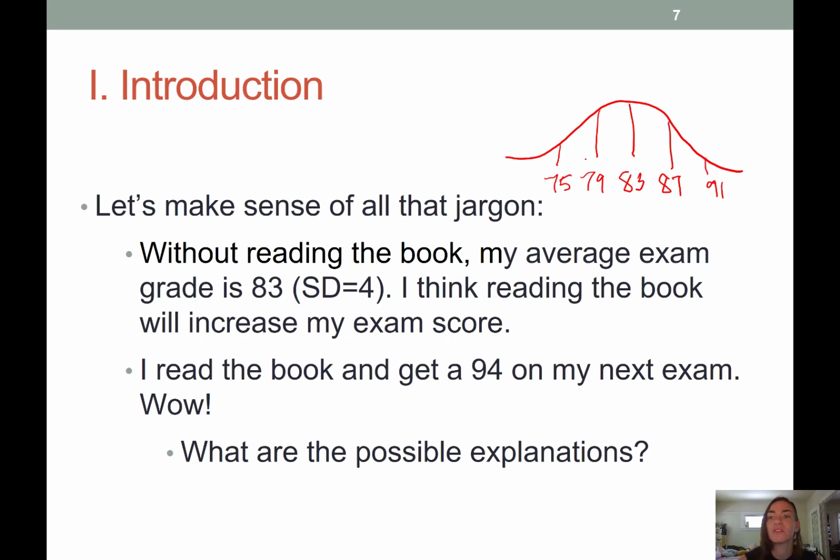So I get a score that's way out here, 94. That's pretty extreme, right? Compared to my typical test performance when I wasn't reading the book. What are the possible explanations for me getting such a high exam score on this exam?